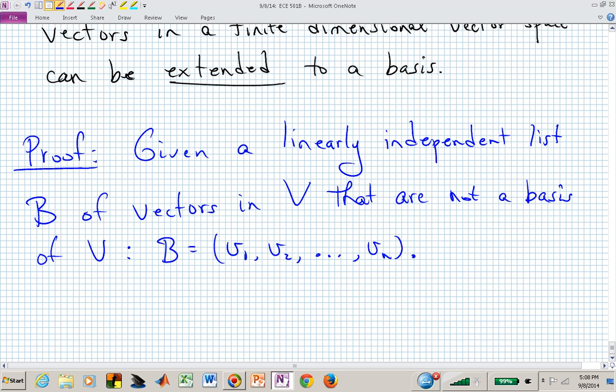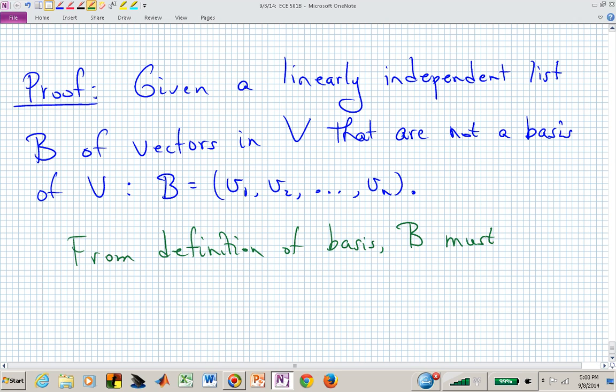If that set of vectors is linearly independent but not forming a basis, what do we know about B and its ability to span the vector space? It doesn't, does it? So B must not span the vector space V, if it's not a basis, but yet it's linearly independent.